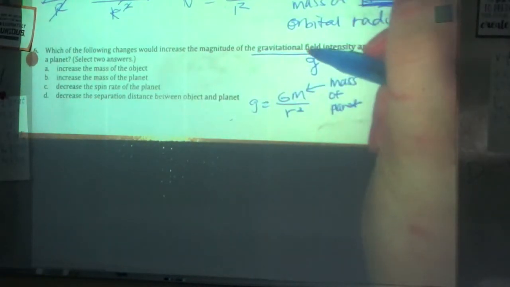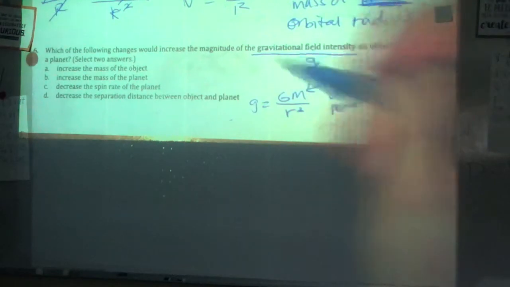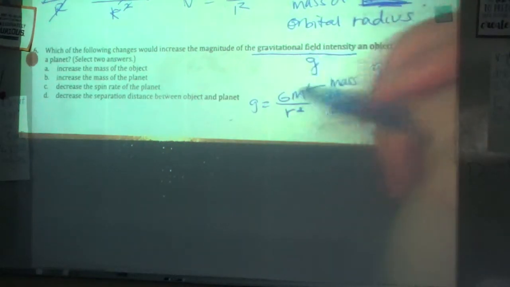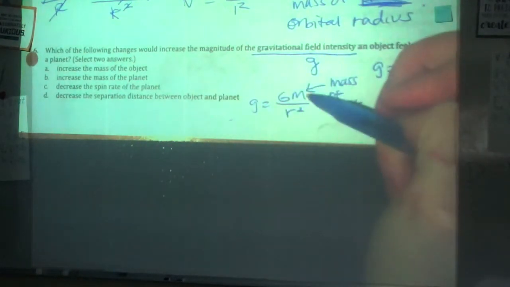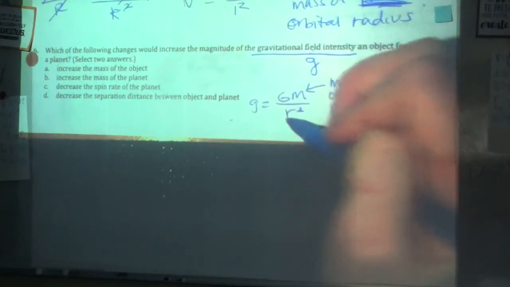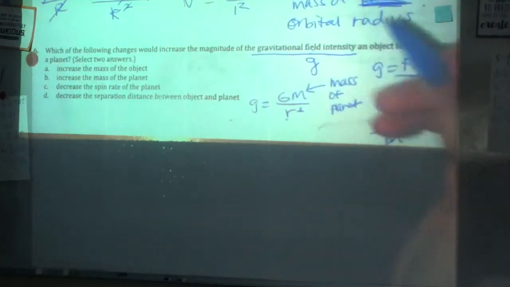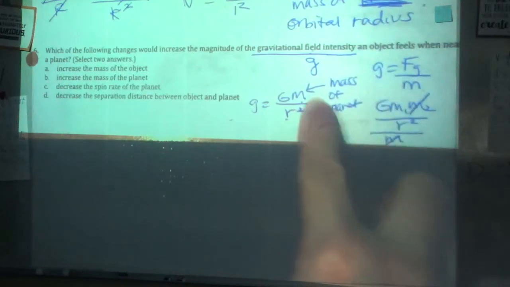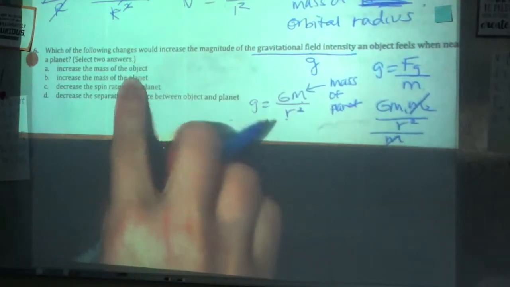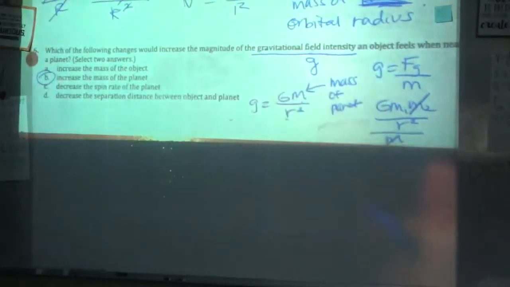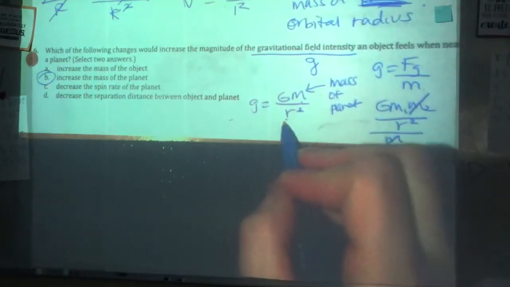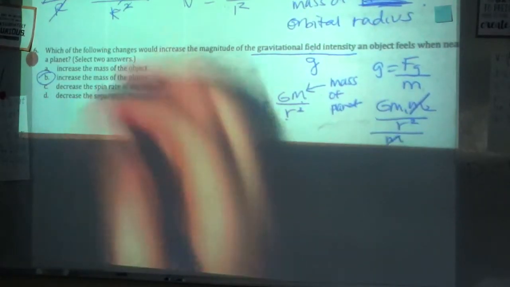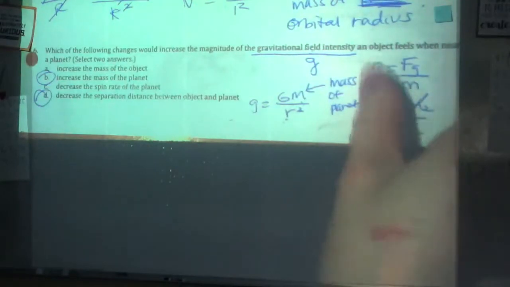The Earth is going to pull at negative 9.8 or 9.8 no matter what my mass is. All that matters is the mass of the Earth and how far away you are from the center. So we want to increase the mass because we want to multiply by bigger numbers, not the mass of the object, but the mass of the planet. And we want to divide by a smaller number to get a bigger g, so decrease the separation between the object and the planet.